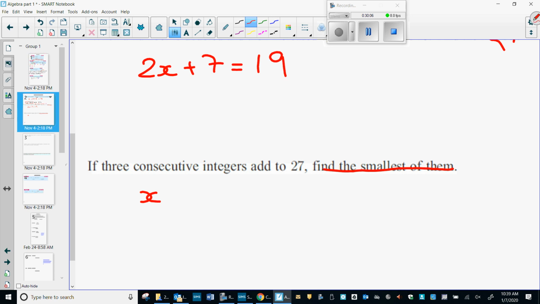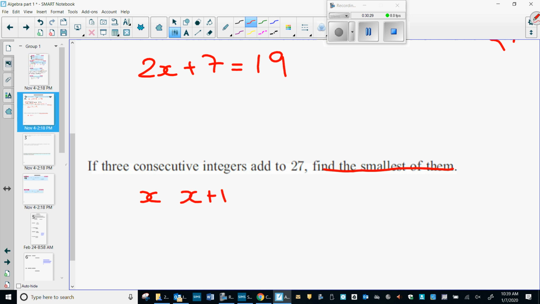I thought you were just 2 plus x. No, because if x represented 7, if I had plus x, I would have 14. And I want to know the next number. How would I show the number after 7? X plus 1. Good.